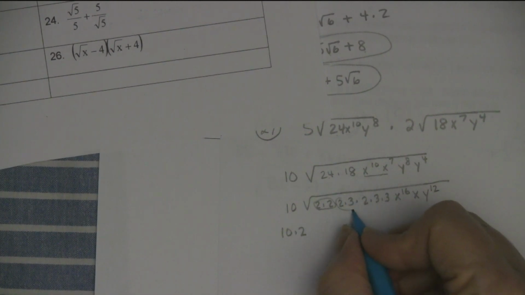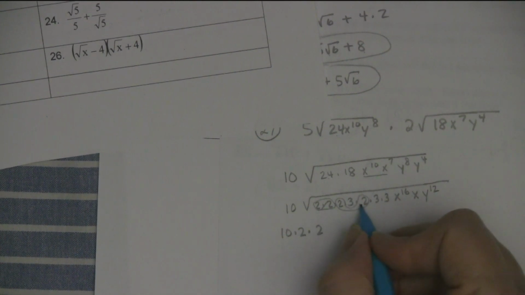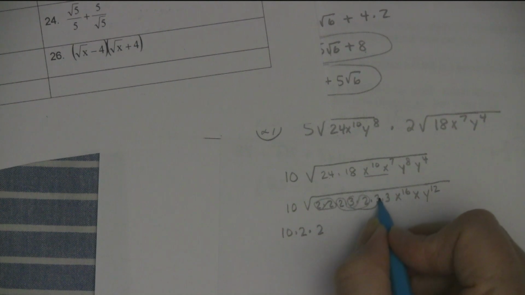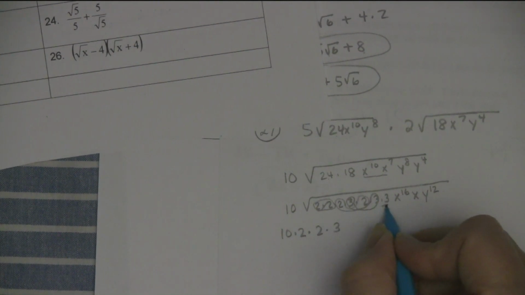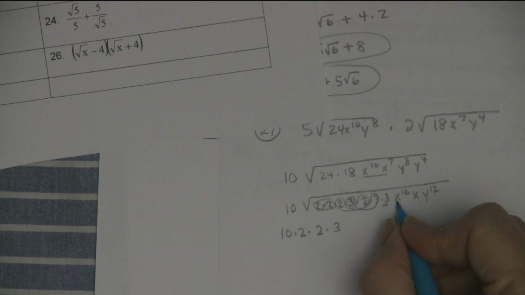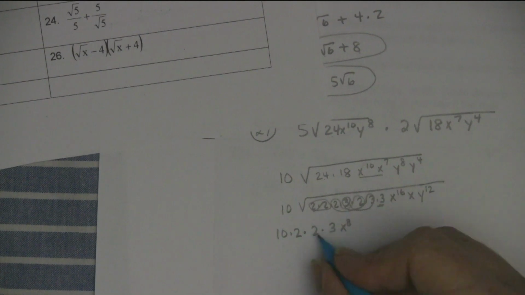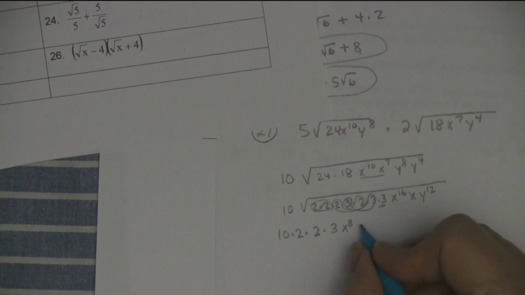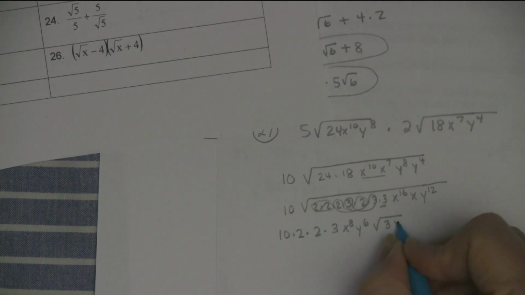Another 2 will come out, I know they're not right next to one another, and be with the 10. Okay, so these are out, right? And then a 3 will come out and be with the 10, and a 3 will be stuck underneath. And then 8 x's will come out and be with the rest of the stuff, and 6 y's. And stuck underneath is a 3 and an x.